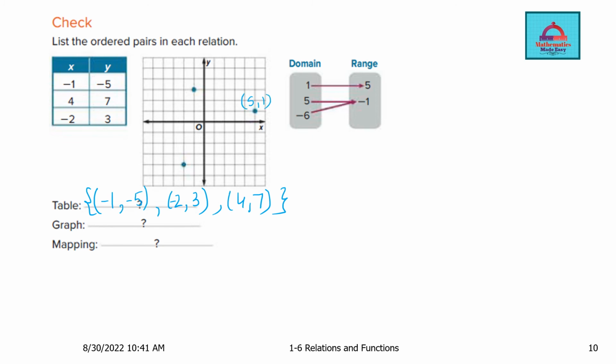This point is -1 comma 3, and this point is -2 comma -4. So you can write this in this form: -2 comma -4, -1 comma 3, and 5 comma 1. So these are the three coordinates.